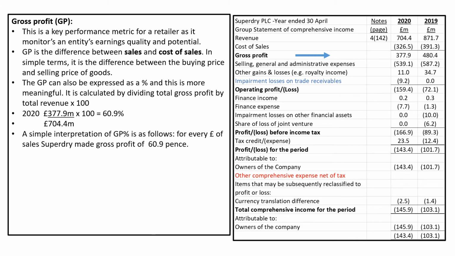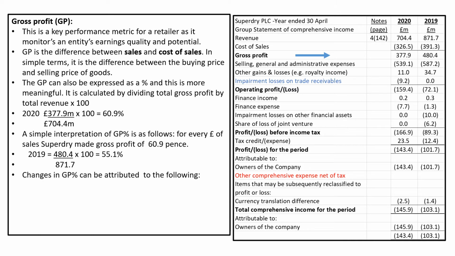A simple interpretation of gross profit percentage is as follows. For every pound of sales, Superdry made a gross profit of 60.9 pence. And if we work out 2019, we find that the gross profit percentage was lower at 55.1%.